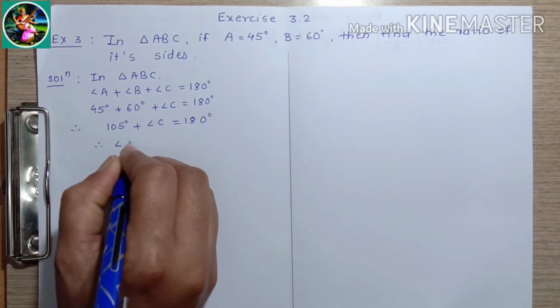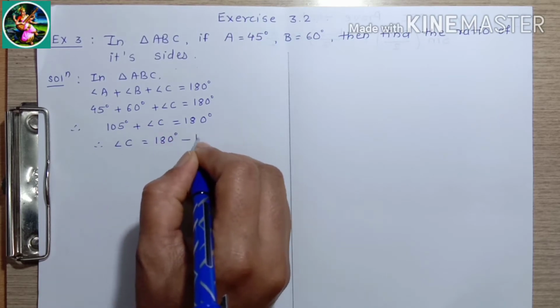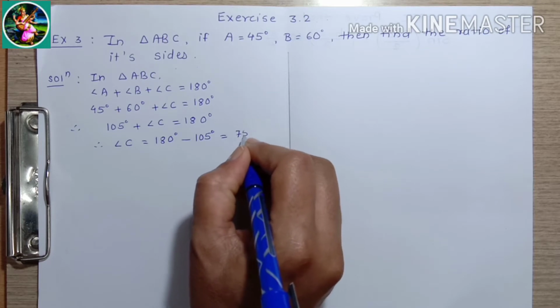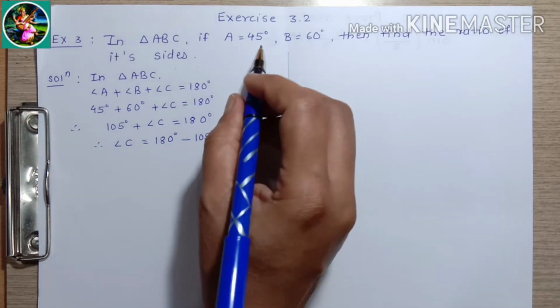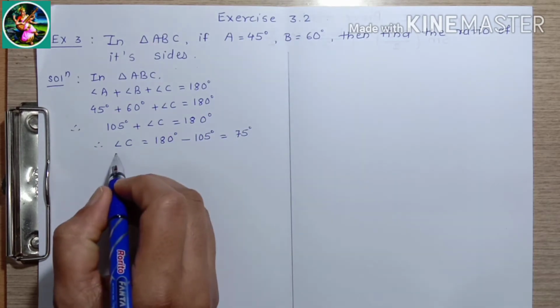Therefore, measure of angle C is equal to 180 degrees minus 105, that is 75 degrees. Now we have the values of angle A, angle B and angle C.